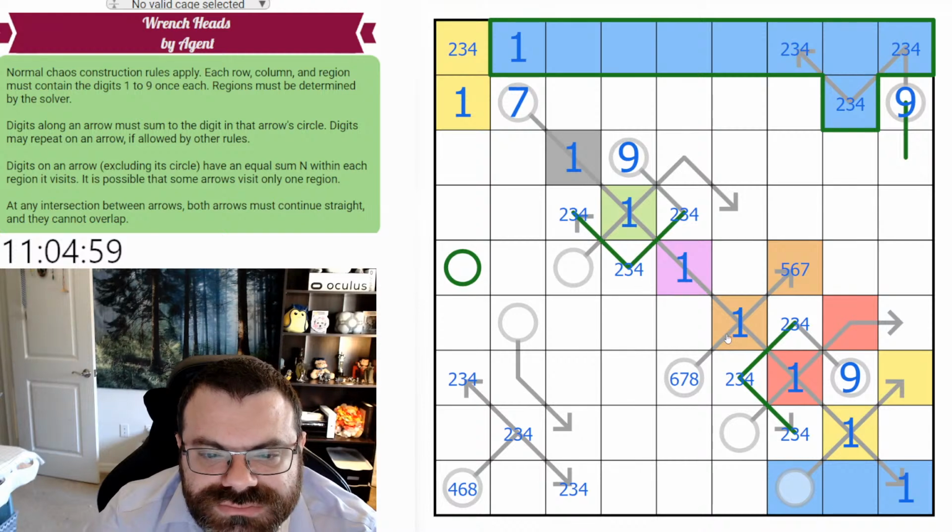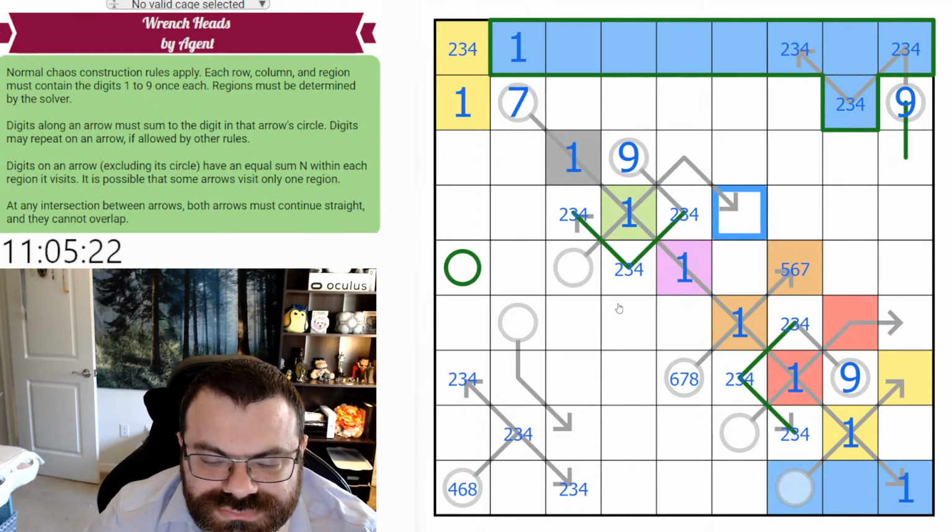Let's see here. One of these is green. Nine in two spots in column 7.